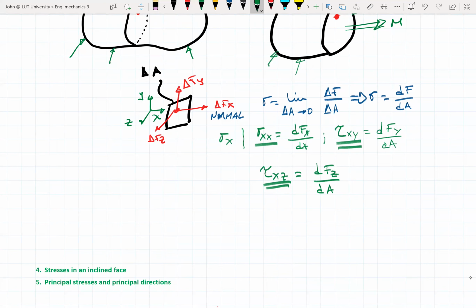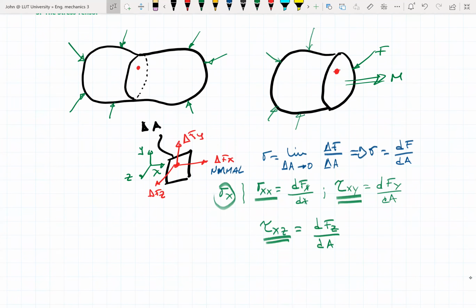When I said that I like to write this normal component, even though I can write it this way, with the two subindices, it is because of the naming convention I'm going to explain right now. Before that, I will try to draw this point.